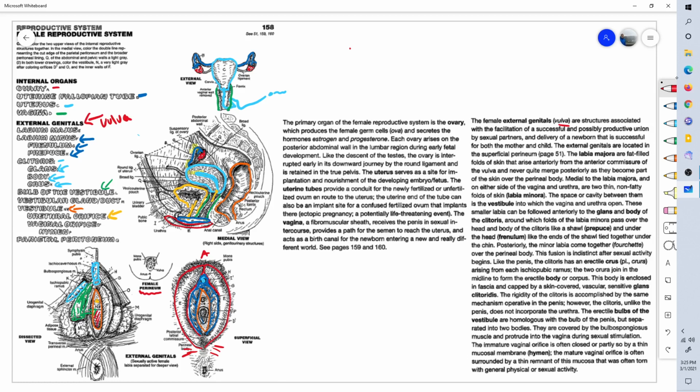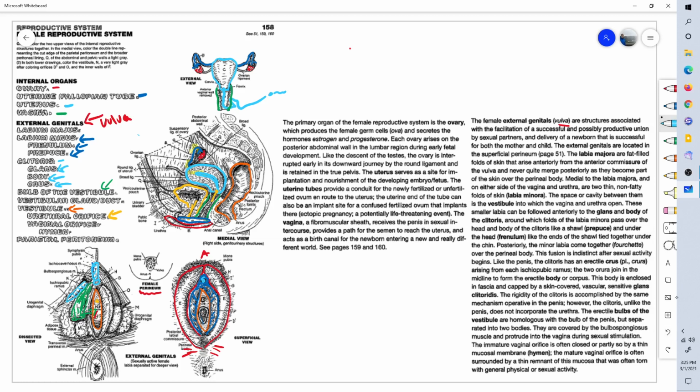Now, during development, a hymen develops, which is sort of a thin membranous layering or covering, let's use a different color, surrounding the vaginal orifice.